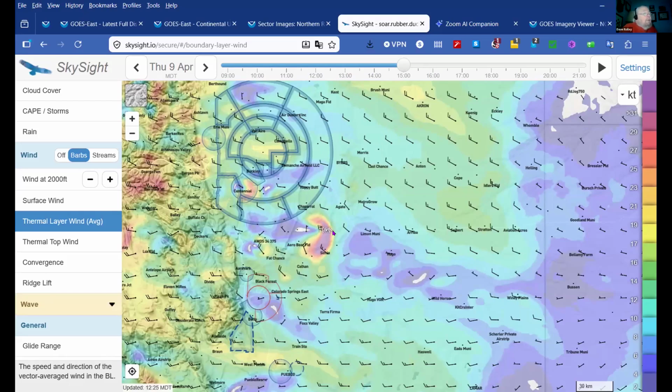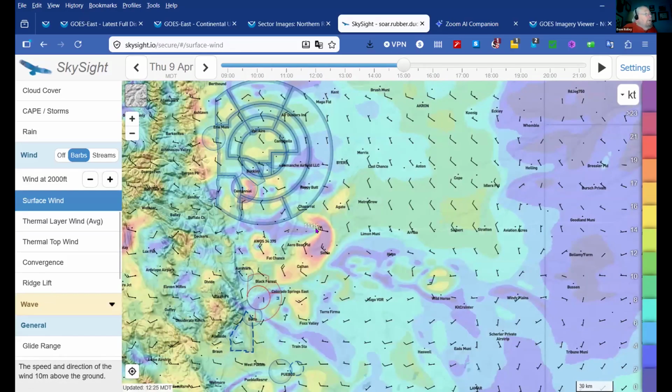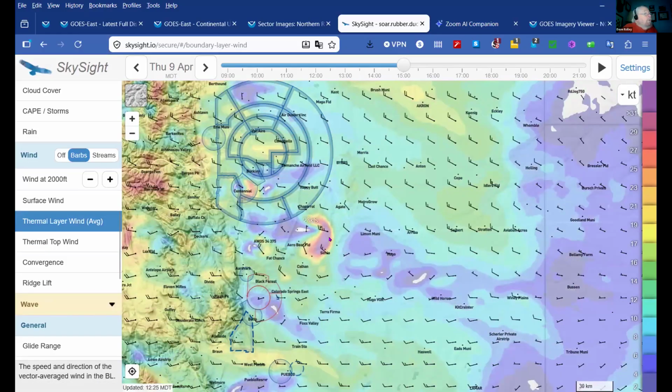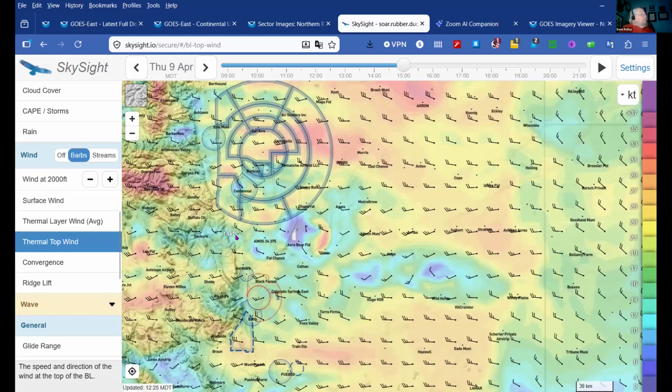So this one value right here saying 35 knots, if we went back to the surface, it was 30 on the surface. But we'll go to the top of the boundary layer and it's 25. So this one number is averaging all the values through the boundary layer in the modeling, and that could be somewhat misleading. There can be localized little pockets that will be very different. Now the wind at the top of the thermal, so at the top of the boundary layer.